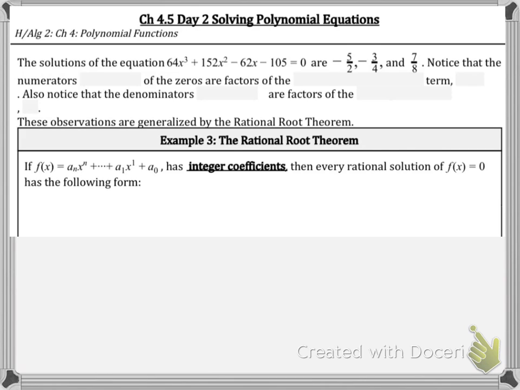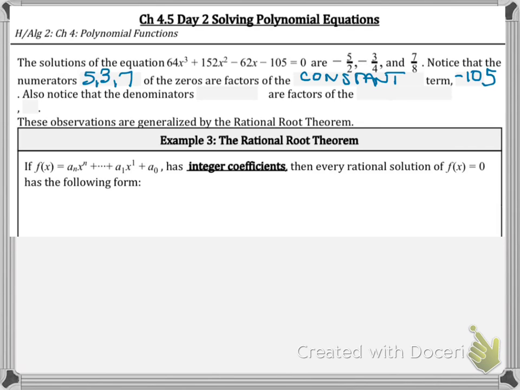Now what we want to notice here is that the numerators 5, 3, and 7 are factors of the constant term, negative 105.